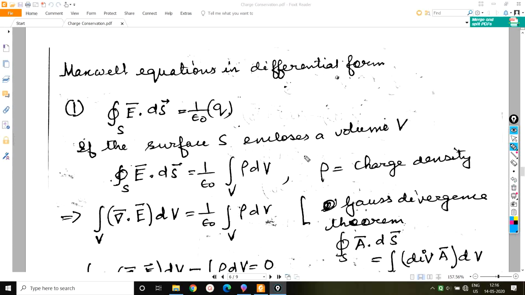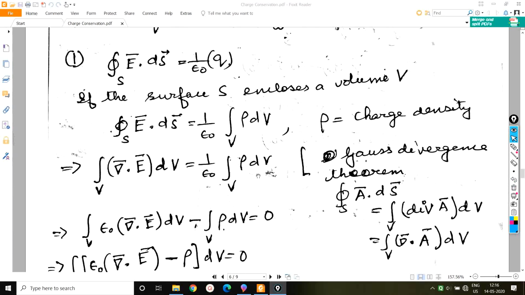So as you move forward, we will see that the surface integration of E dot ds is replaced by a volume integral. How? There is Gauss's divergence theorem to give us that freedom. We have the surface integration of A dot ds, where A is any vector, equal to the volume integral of divergence of A multiplied by dv.